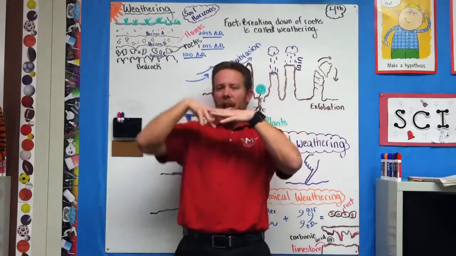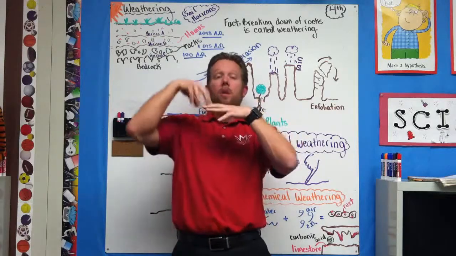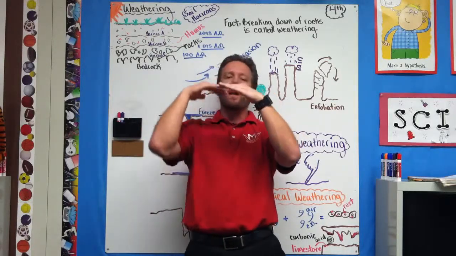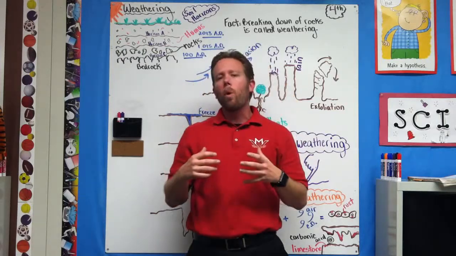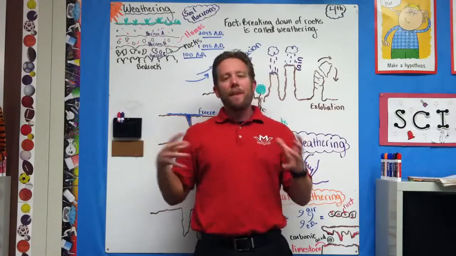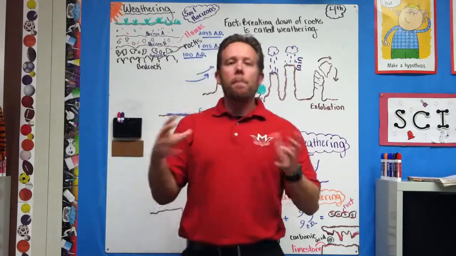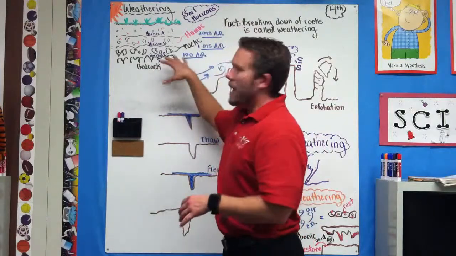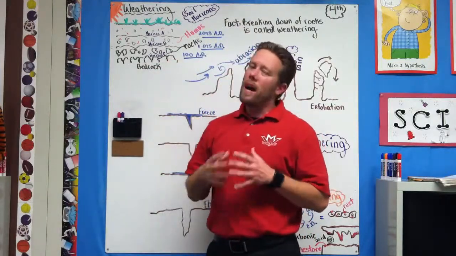After a while, these layers of soil and rock start to pile on top of one another, and that's how these different layers of soil are formed. Each layer basically has its own different characteristics based upon what was going on at that time. Each of these layers are formed over thousands of years.